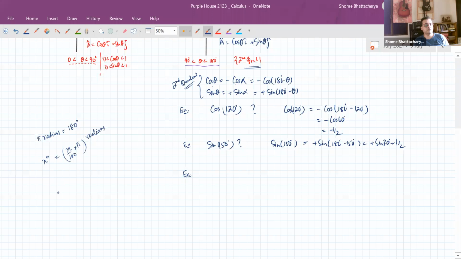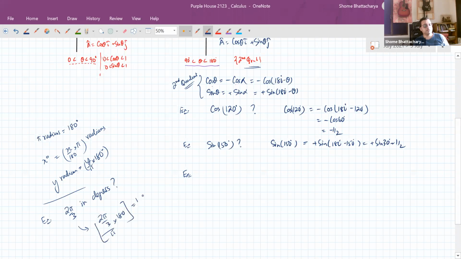Or if we take y in radians, that becomes y into 180 by pi in degrees. So for example, if I ask you 2 pi by 3 in degrees, so how much is that? You'll understand that it's 2 pi by 3 upon pi into 180. So it is 120 degrees.